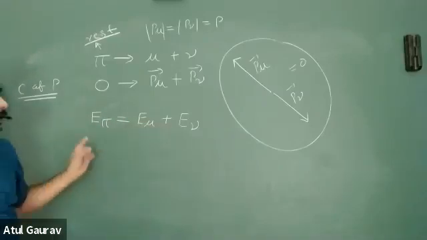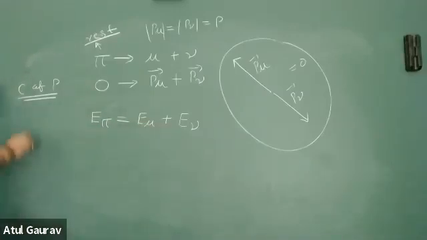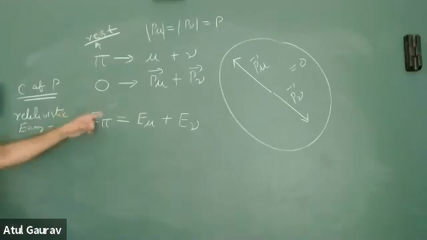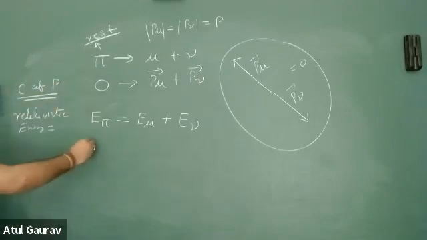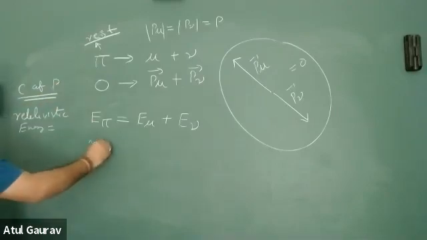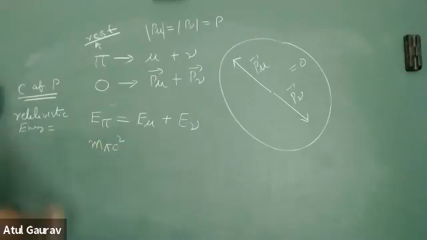Total relativistic energy is going to be conserved. So this is your relativistic energy. Now, what will be the relativistic energy of the pion? It is at rest, so we have only rest mass associated there: M pi c square. This is the rest mass energy of the pion.